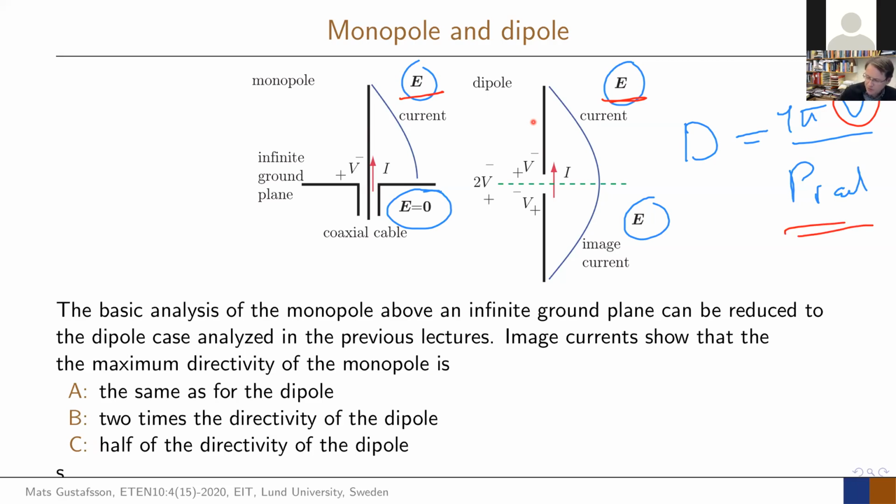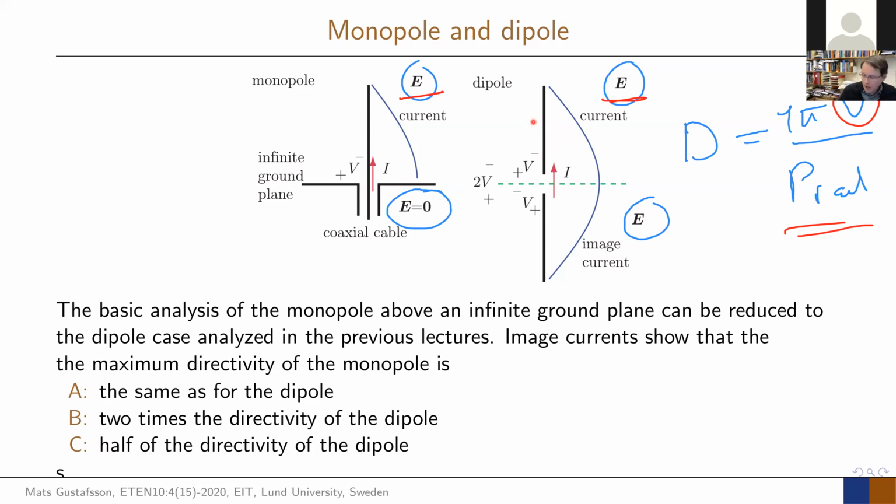What happens with the total radiated power? Is the total radiated power the same for the monopole and dipole? How did you determine the total radiated power? You took your radiation intensity and you added up all of it, every radiation intensity everywhere.